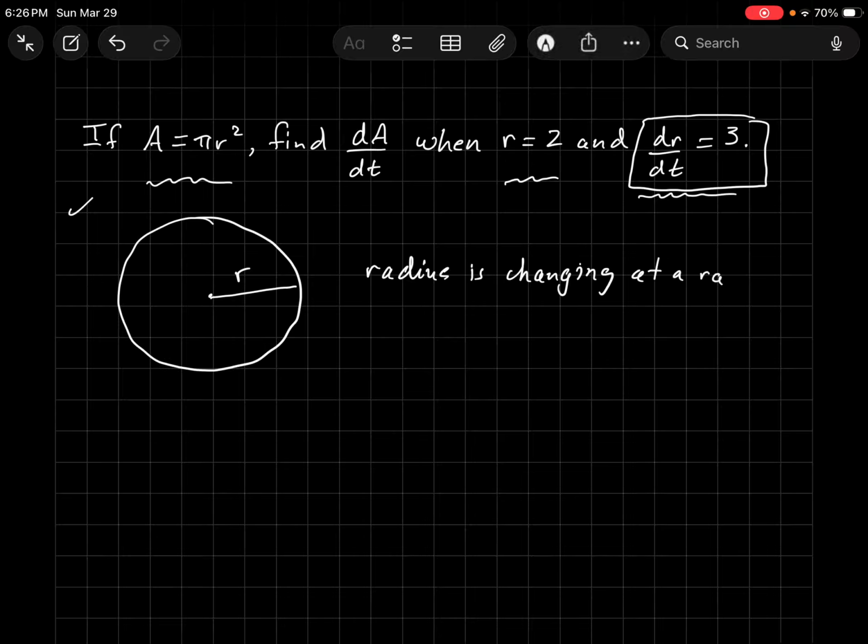Now, usually we have units. I didn't give units here. And my units, if it was radius, might be inches per second or meters per hour or whatever it might be. But it'd be some, in this case, length per time.